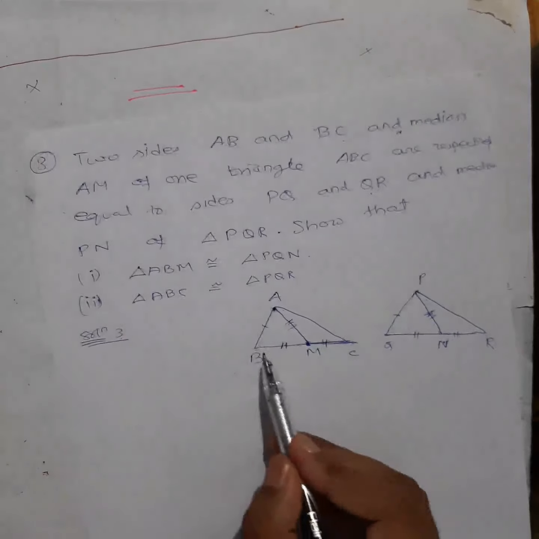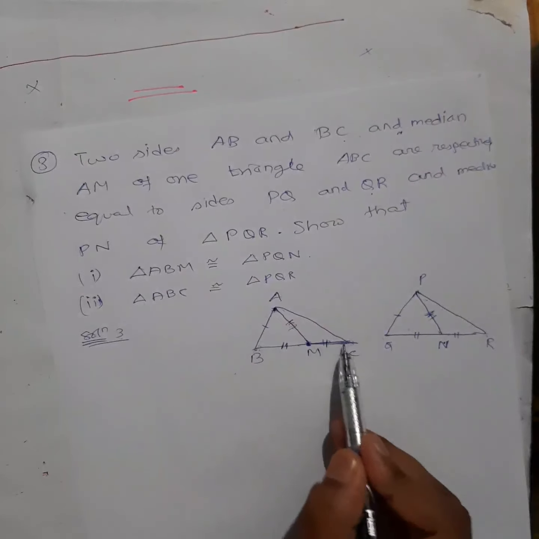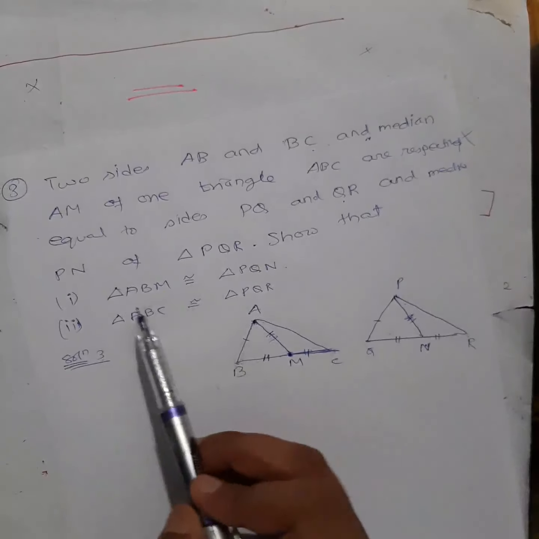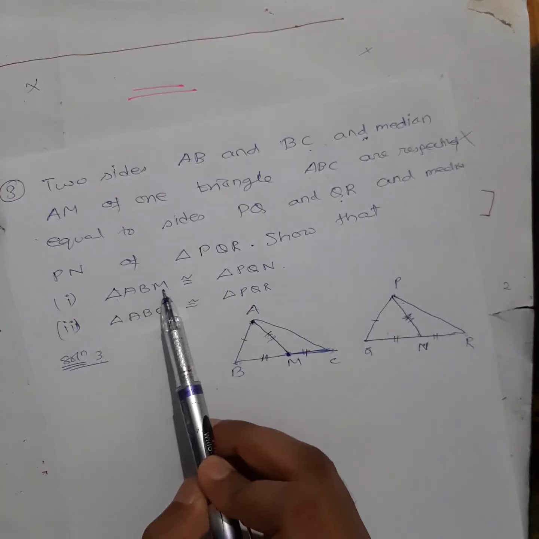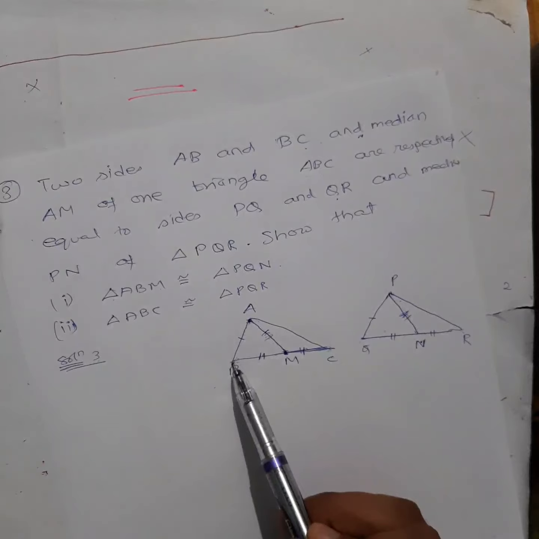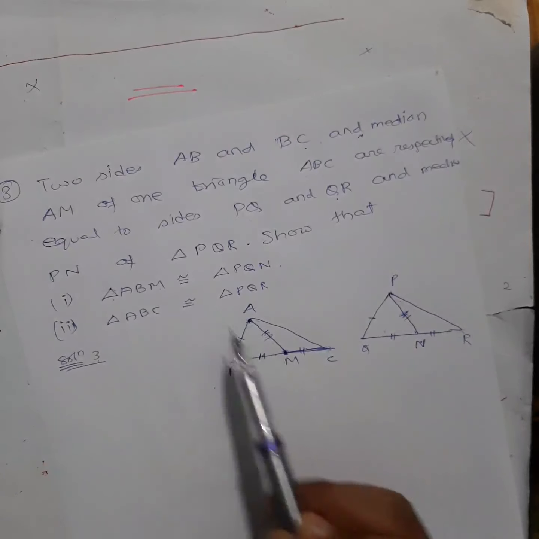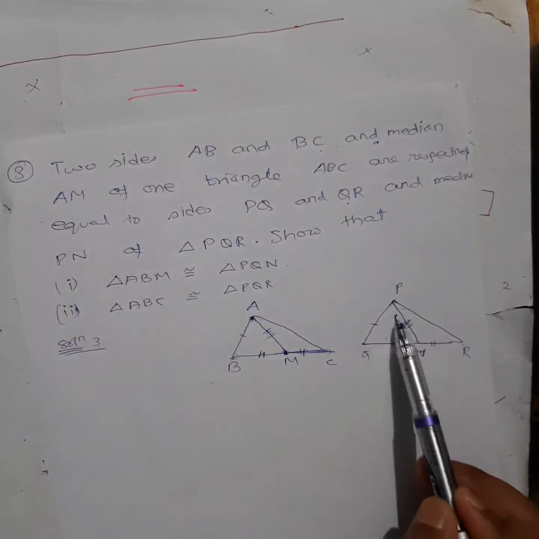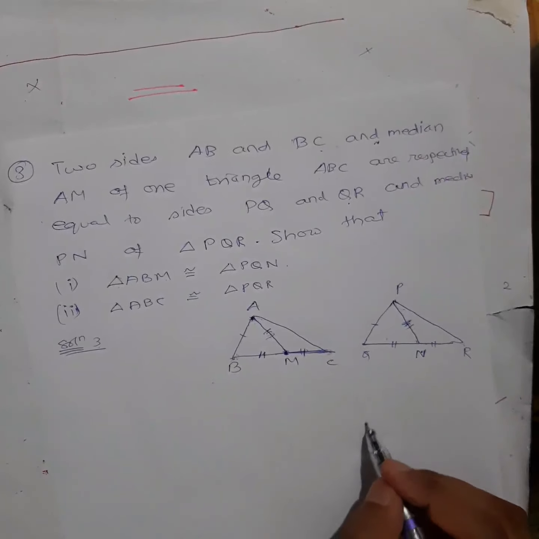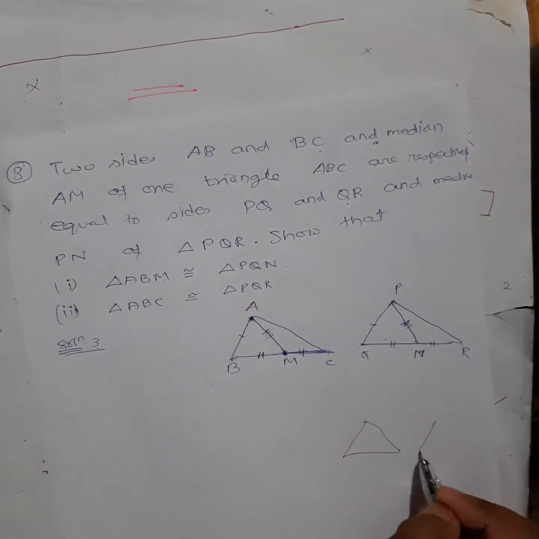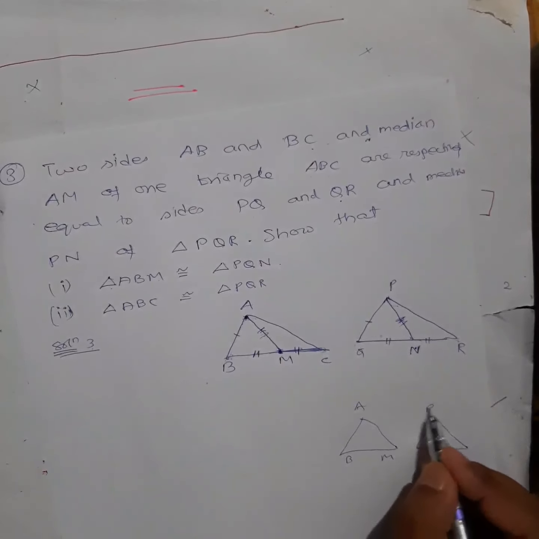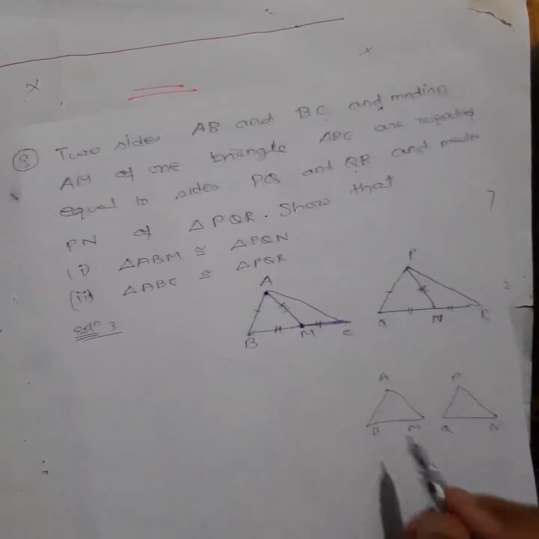Okay. Now try to understand. From the question they have said BC is equal to QR, right? Now see what they have asked you to show. Triangle ABM is congruent to triangle PQN. So this triangle and this triangle I have to show are congruent. ABM, PQN. So very simple.